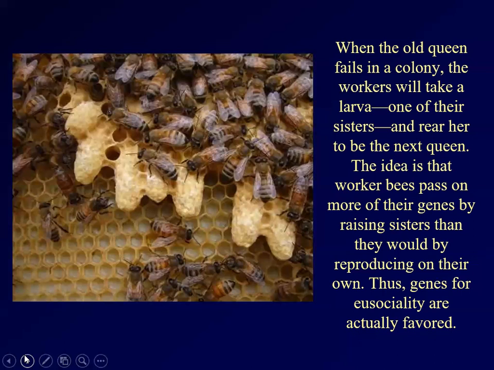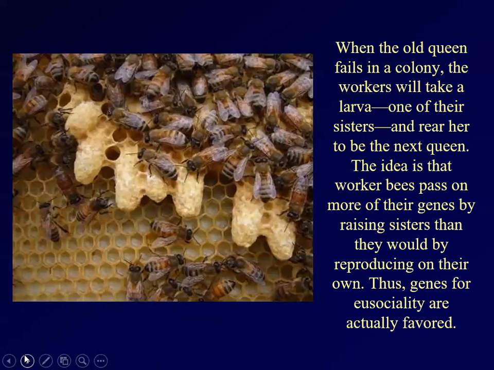Anyway, the idea is that here are these new queens being raised, and they should all be sisters of the workers. And because workers are more closely related to their own sisters than they are to their own hypothetical offspring, the idea is that the workers are passing more of their genes on by raising sisters than they would by reproducing on their own.